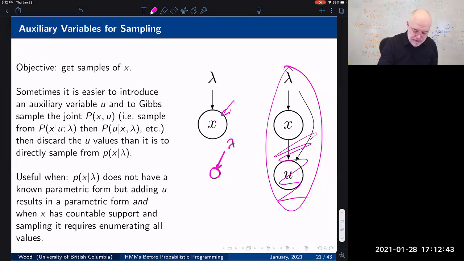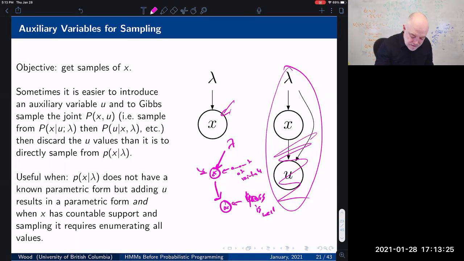Let's say X is the amount of rainfall, and this is how wet the grass is, or whether the grass is wet or not. Let's say that X is Poisson distributed, and this is now Bernoulli with some likelihood given by a function of the Poisson value, wet or not.